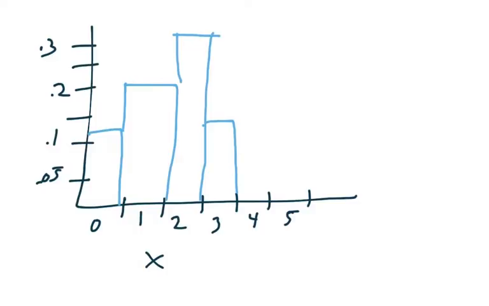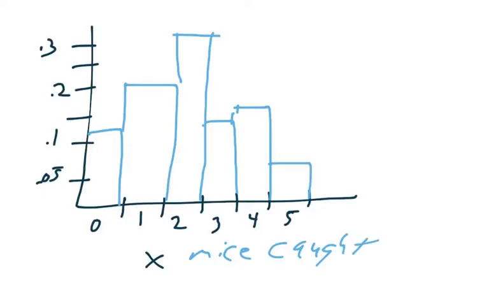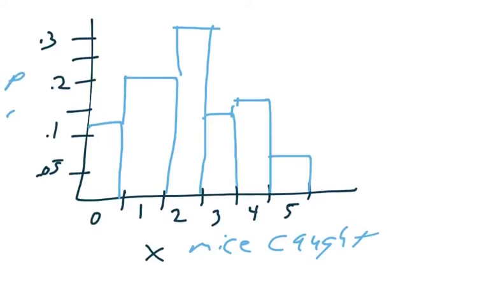For 4, I got 0.16. And for 5, I got 0.07. So this was mice caught, and probability, because we always want to label our axes. And that's my answer for 1A.